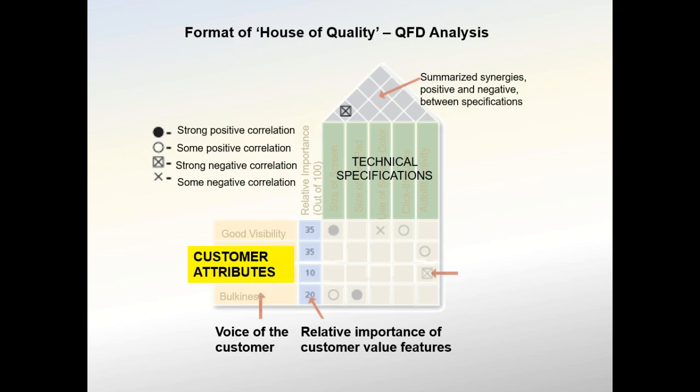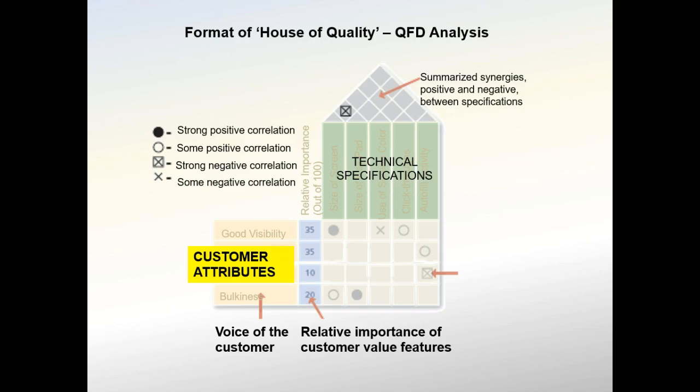Now, once this house-shaped framework of the QFD analysis is established, further mapping of customer attributes to technical specifications requires the collection of two sets of data from two different groups of experts. One data set is the result of presenting a group of customers with several different examples of the product, asking them to rate each brand according to the customer attributes.